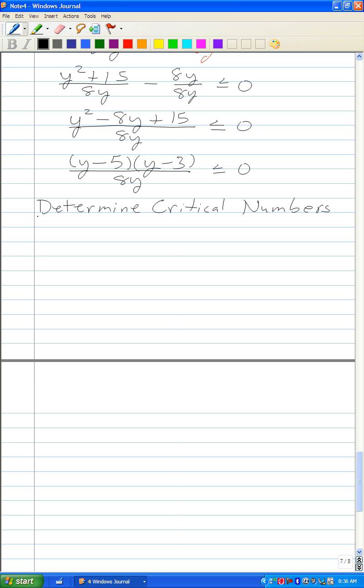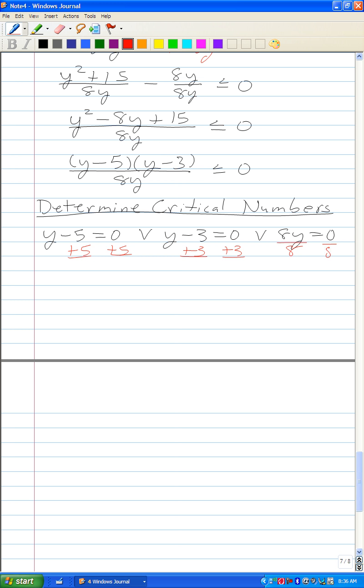Set each factor to 0 and solve for y. Y minus 5, 0. Y minus 3, 0. 8y, 0. Add 5. Add 3. Divide by 8. And so y is equal to 5.